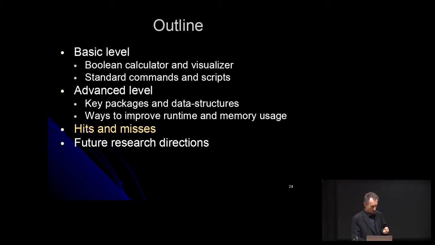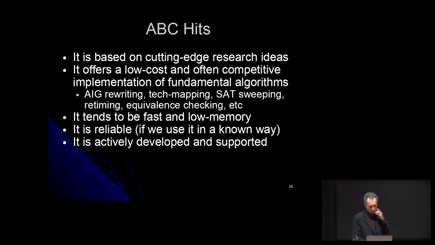So now a quick overview of what ABC achieved and what it did not achieve. It is based on cutting-edge research ideas. It offers low cost and often competitive implementation of fundamental algorithms. It tends to be fast and low memory. It's reliable if you use it in a known way. Some of the new users always find new ways to use ABC, and then they come up with very unusual bugs, which I've never seen.